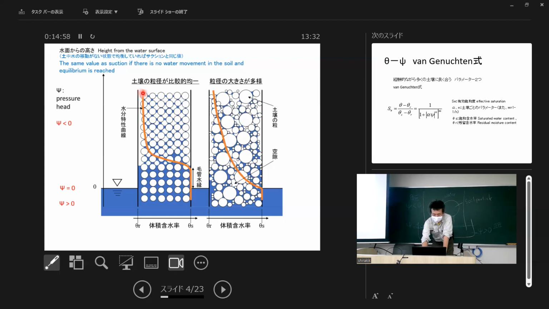The water content becomes lower at higher heights, and higher at lower heights, and completely saturated when the pressure head becomes positive. That means below the water surface.